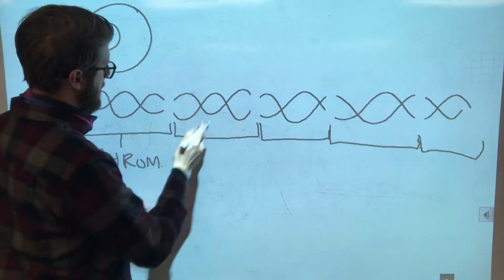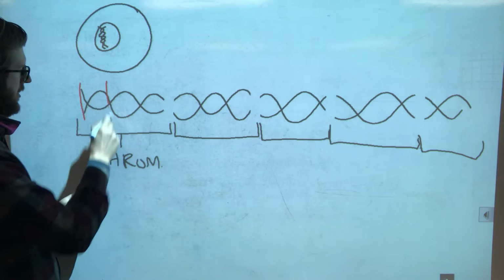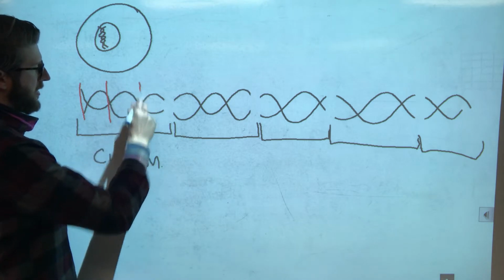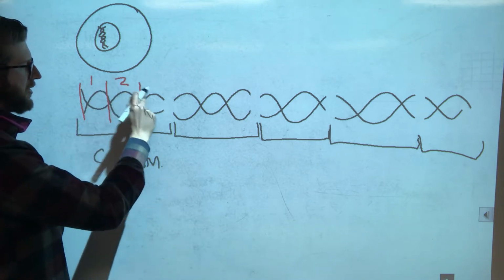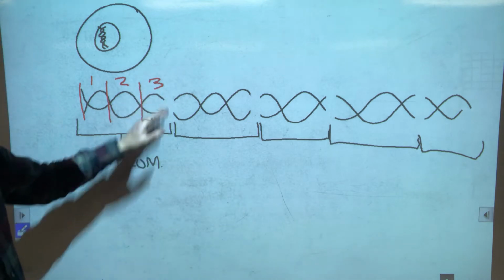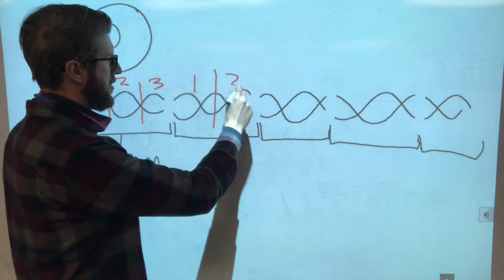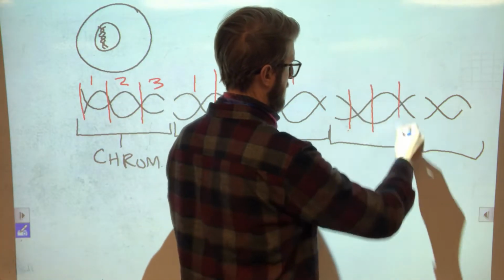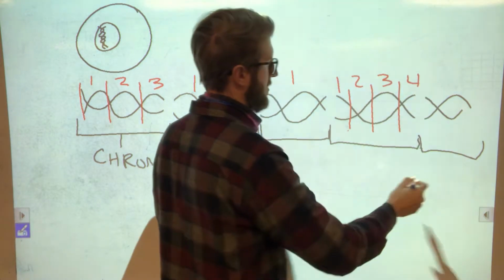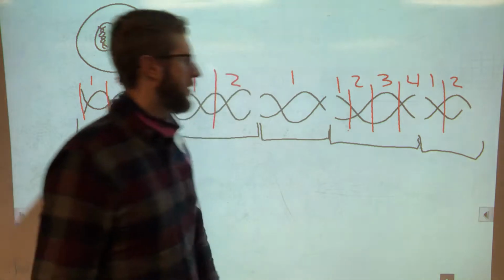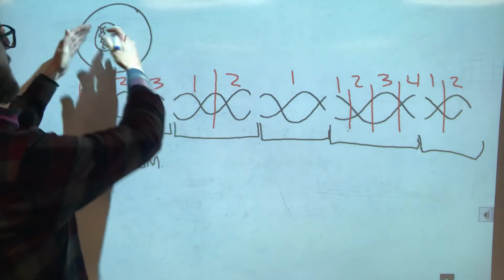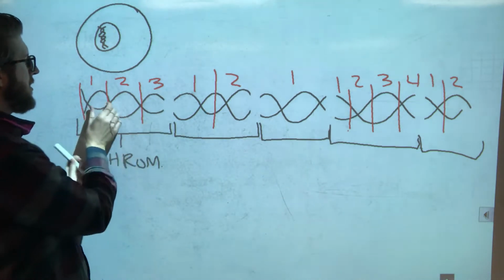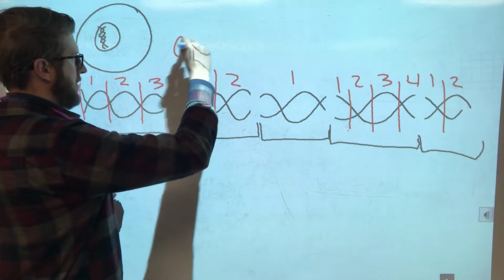So maybe this chromosome has one gene there: between here and here is gene number 1, between here and here is gene number 2, and between here and the end, this last little chunk is gene number 3. Same thing here, maybe this one just has 1 and 2, maybe this one is just 1, maybe this one has 1, 2, 3, 4 genes, maybe this one has 2. My point is that DNA is made up of smaller chunks called chromosomes, and the chromosomes are made up of smaller sections that we call genes.